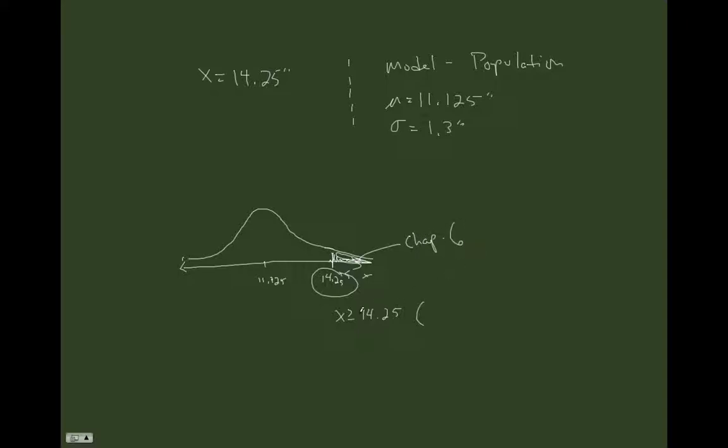But what we're talking about right now is this concept of standardization. So what does that mean? Well, let's look at a calculation here. If I take my x value, the data value that I found, 14.25, subtract the mean of 11.125, and then divide that by 1.3, I get a number of approximately 2.4.